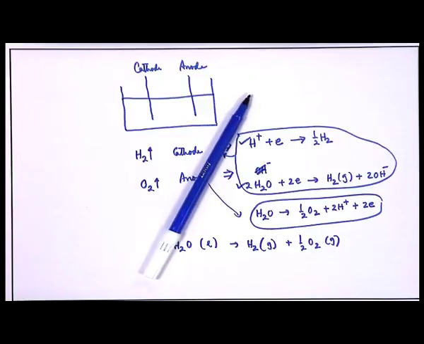while measuring the conductance of a solution. In that case, you need to have two electrodes, that is your cell.